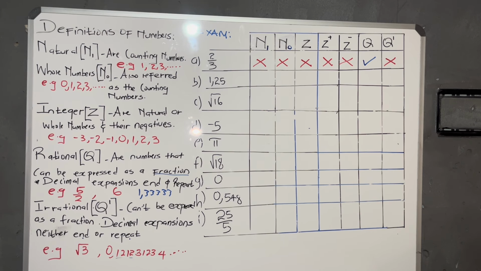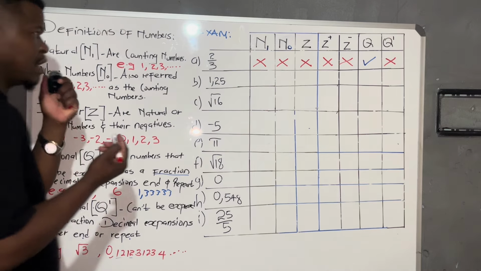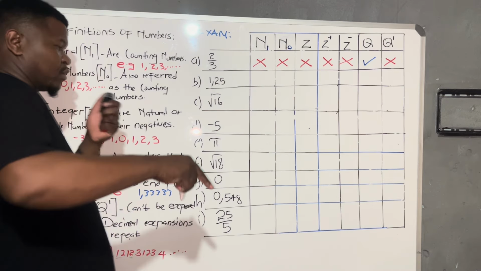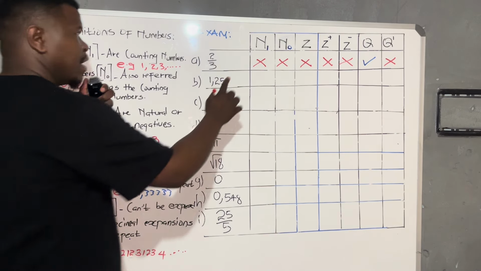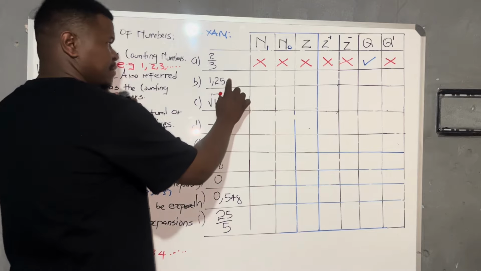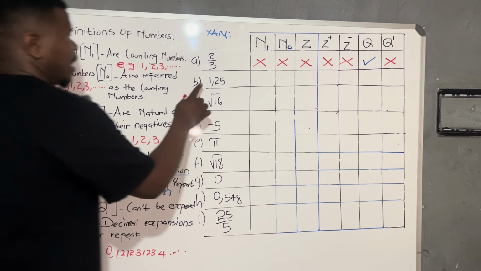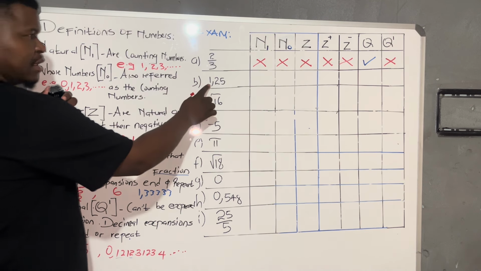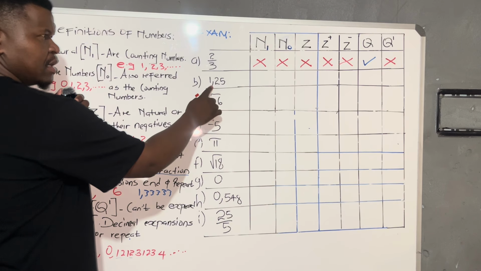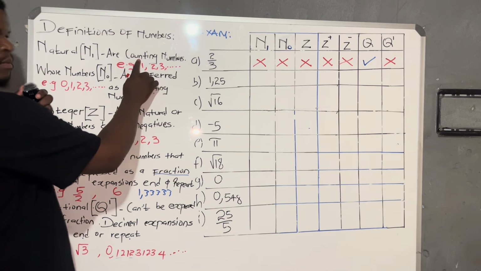Now, let's come to this one, 1,25. I'm going to start by crossing. When we cross, the question that you should ask yourself as a learner, since this is natural numbers, is: are we using a decimal number for counting?